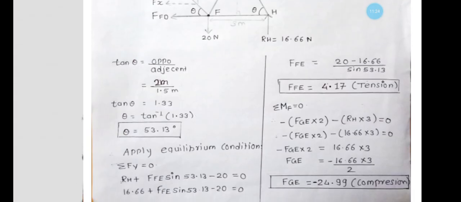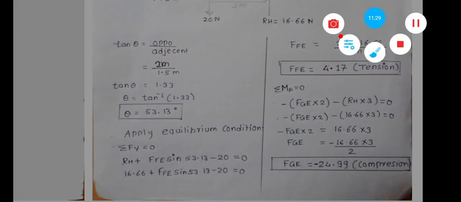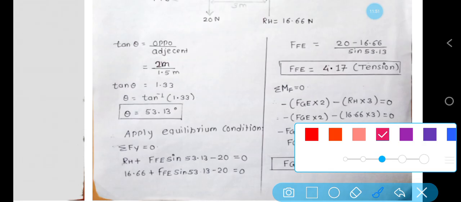By using the adjacent law, after calculating theta, apply the equilibrium condition and calculate summation Fy, in which all the vertical forces are added, in which the forces acting upward are positive and acting downwards are negative, from which we can calculate FFE.